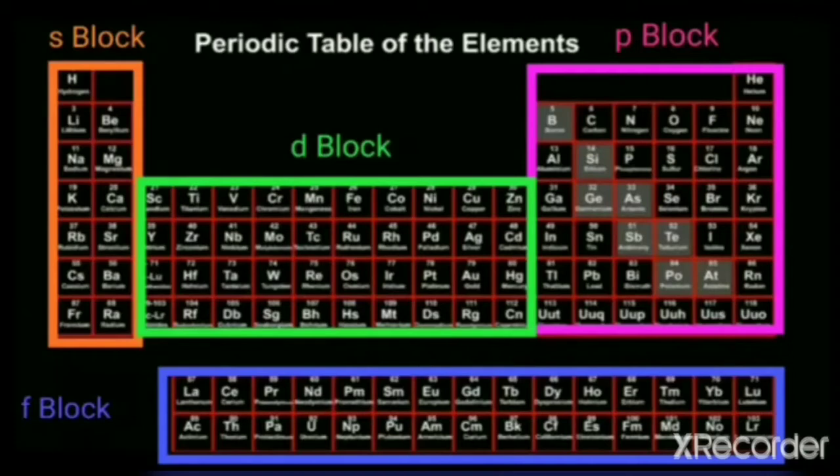Here the elements are represented in boxes, in this way. In the periodic table, the symbol of each element is represented.